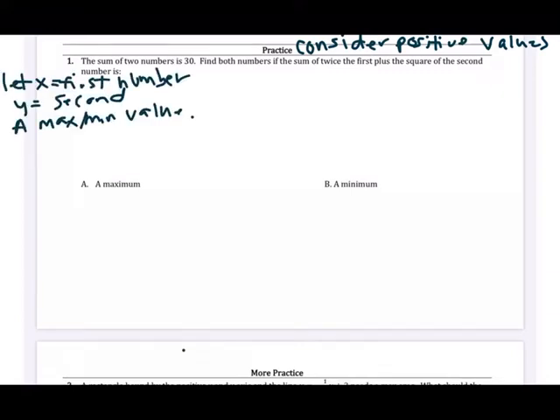So there's not really a picture to draw here. I'm going to go ahead and set up the equations based on the information that they're giving us. So I know that x plus y equals 30. And I also know that 2x plus y squared equals A, which is what I'm trying to maximize. I'm going to go ahead and take this first equation and solve for y.